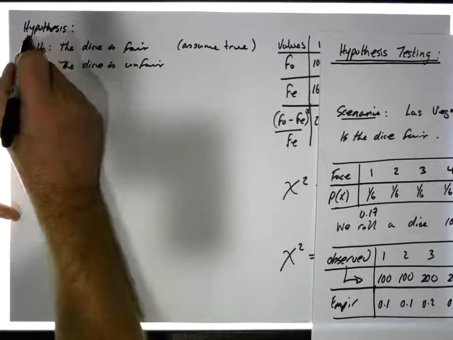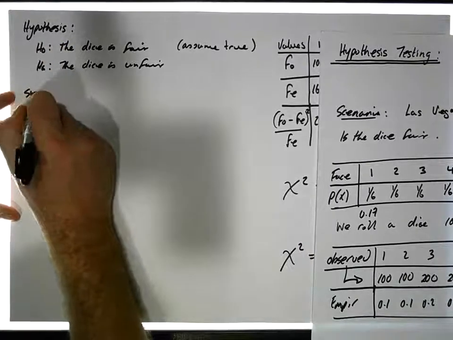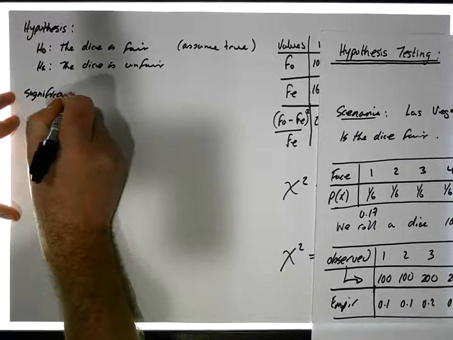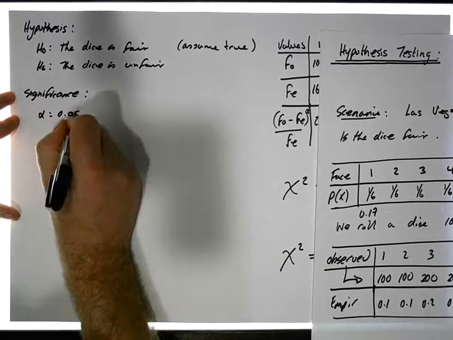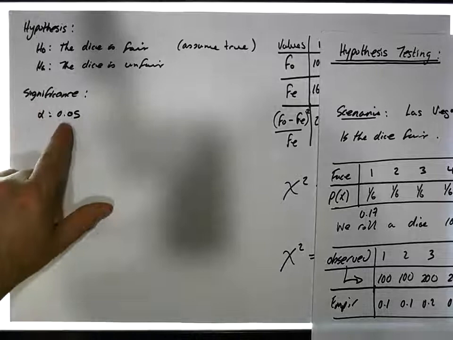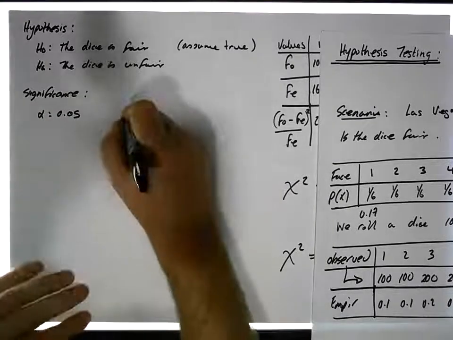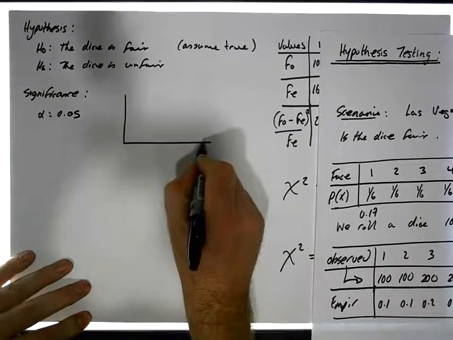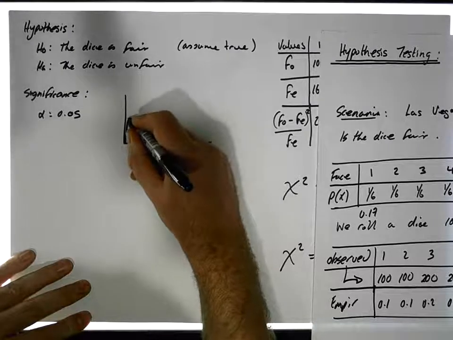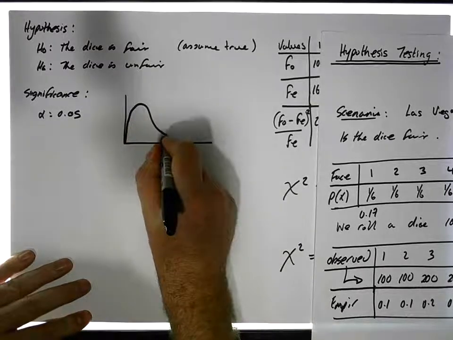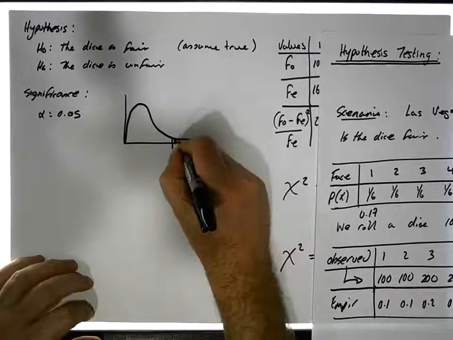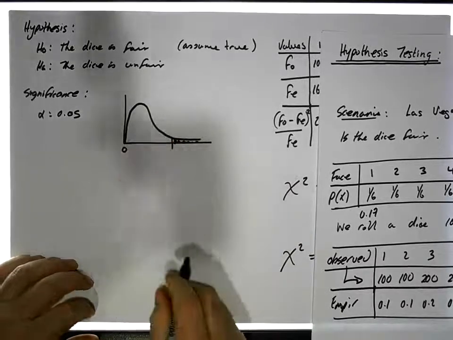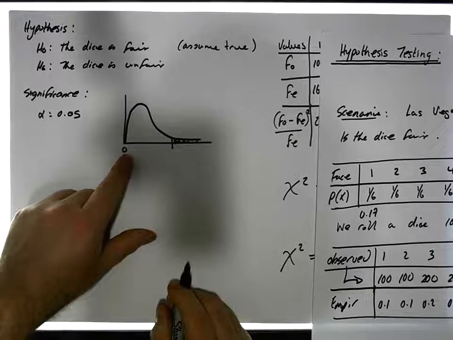Okay, the significance of the test. That's our hypothesis done. Our significance is very subjective, but we're going to set alpha equal to 0.05. The distribution we're going to use is a chi-square distribution, and depending on the degrees of freedom, it's a skewed distribution. Here's 0, where there'd be no difference between the observed and the expected.